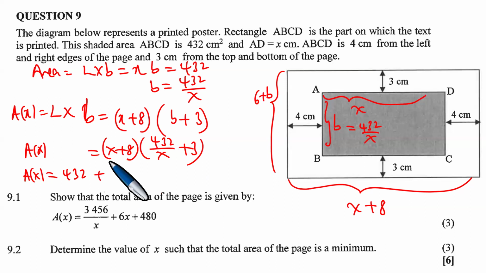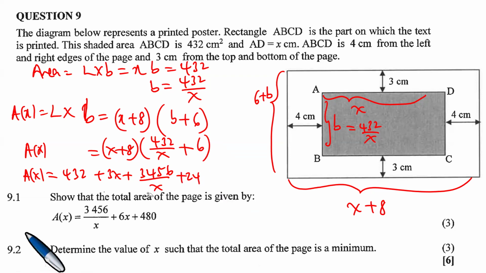X times 6 is 6X. 8 times 432 is 3456 over X. And 8 times 6 is 48, because this is B plus 6, not 3. It's a big 6. Take note of that. So 8 by 6 is 48.